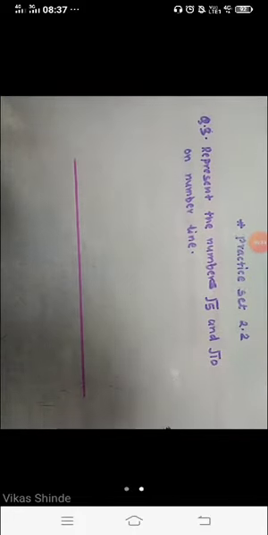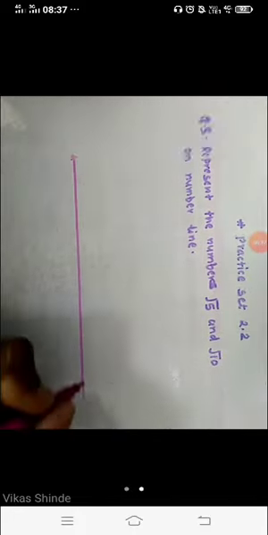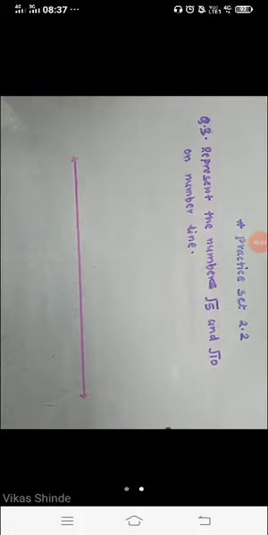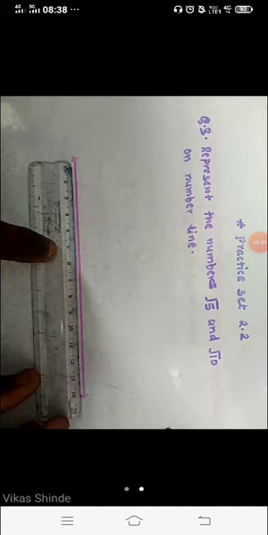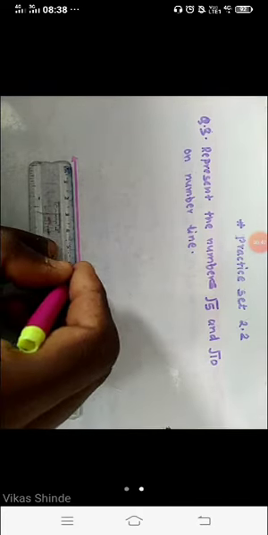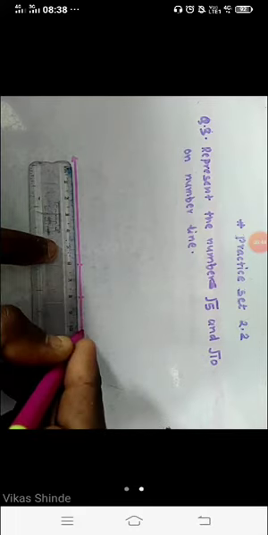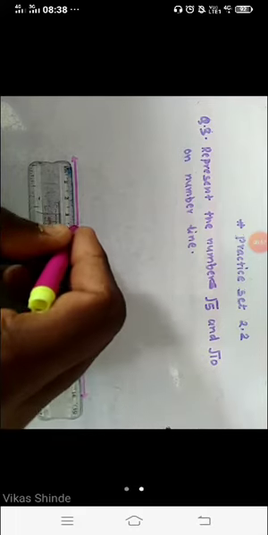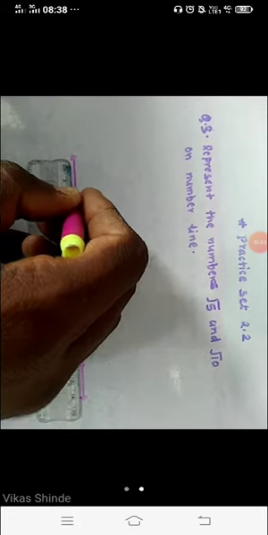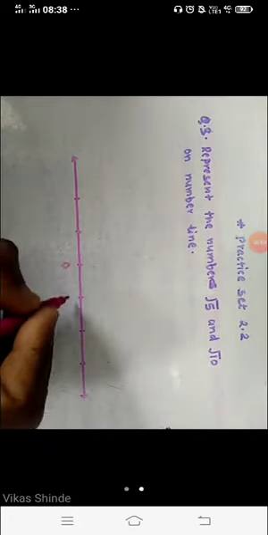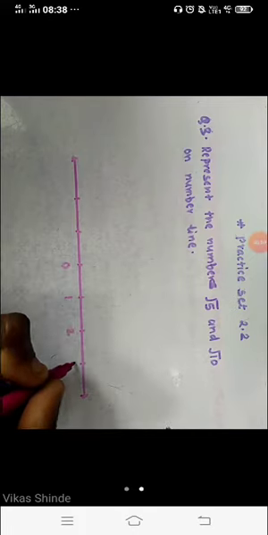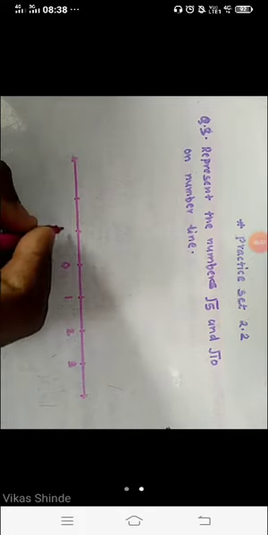This is your line first. Then take a 2 centimeter distance here and mark on this line. Suppose here is your 0, then here 1, here 2, here 3, up to like this way.